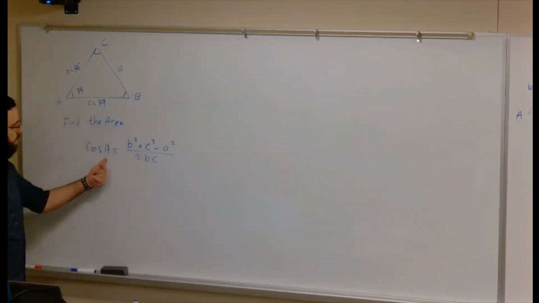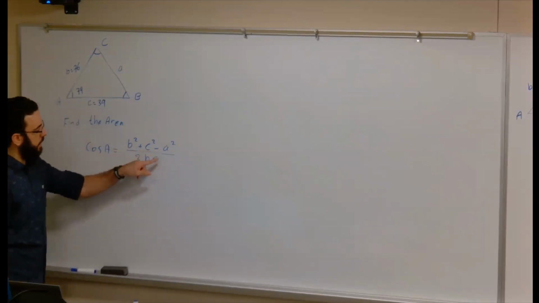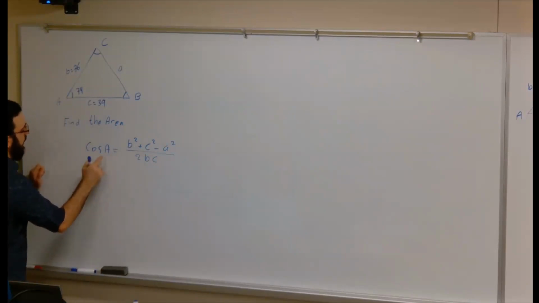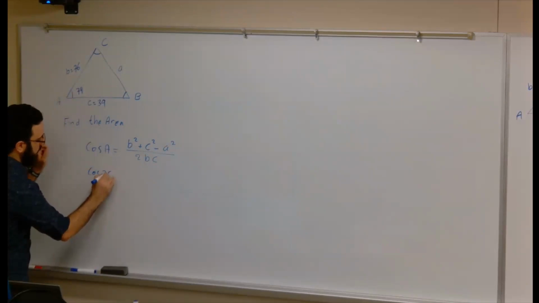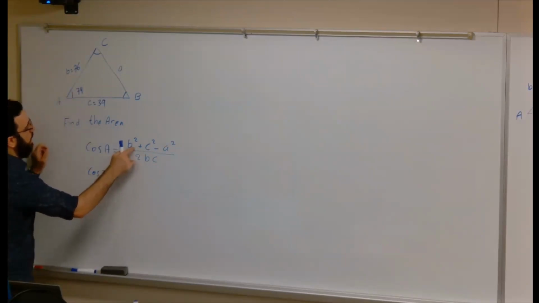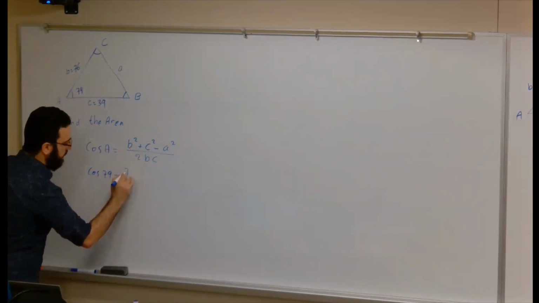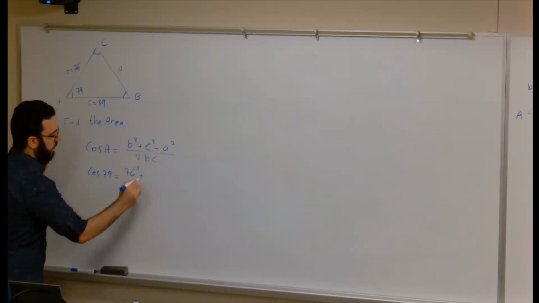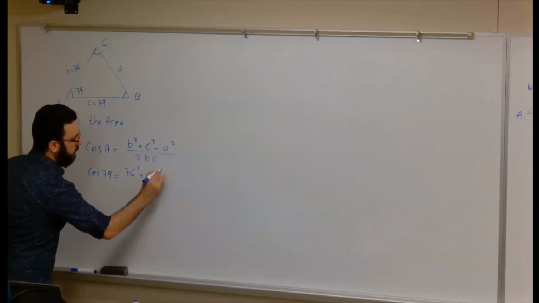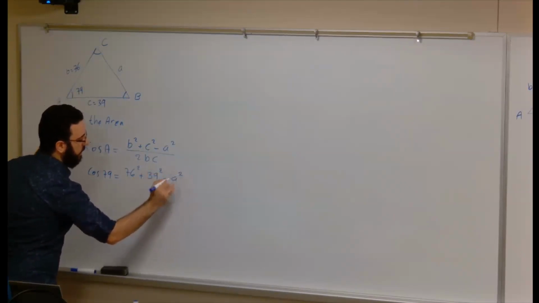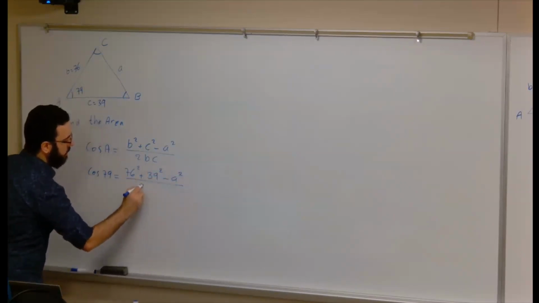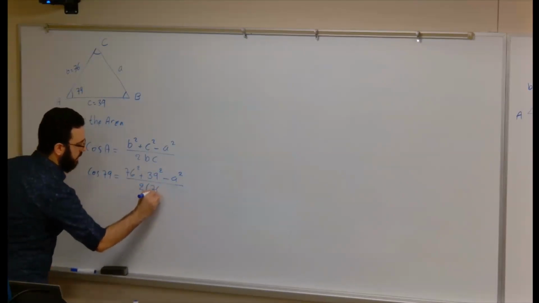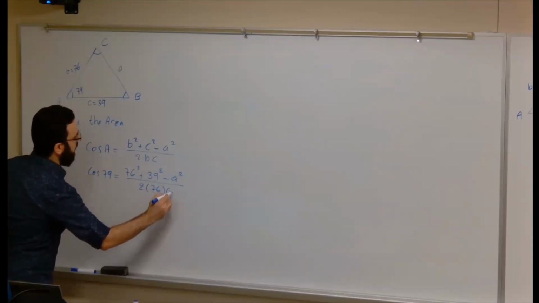I have the angle A, I have B and C, and then I'm going to find the side A. That means cosine of 79 equals B squared, 76 squared, plus C squared, 39 squared, minus A squared. Everything divided by 2 times B, 76, times C, 39.